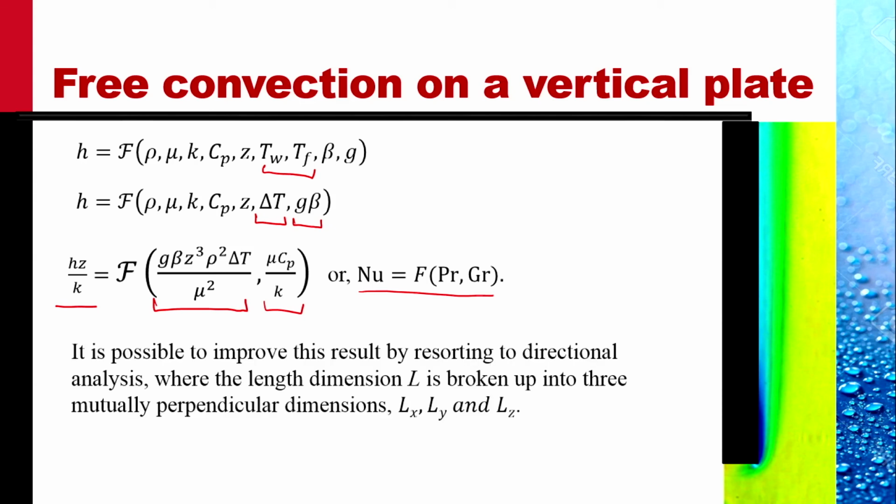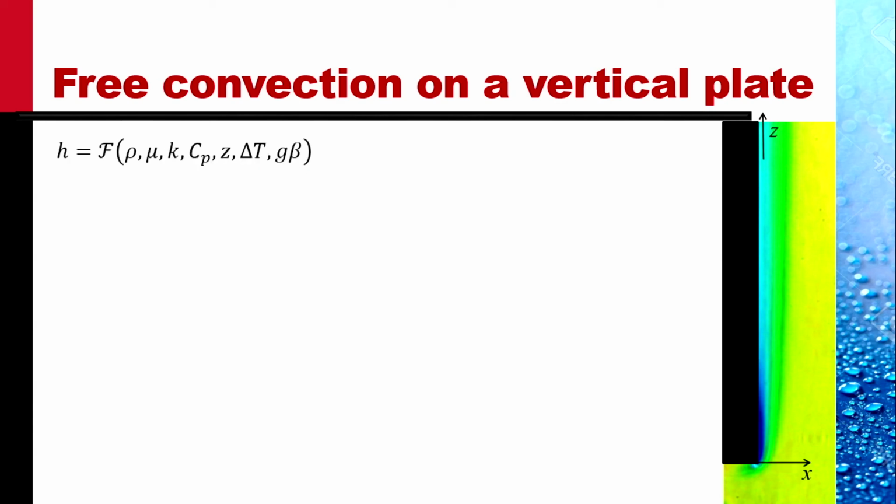It is possible to improve this result when the length dimension L is broken up into 3 mutually perpendicular dimensions Lx, Ly, and Lz. So the problem with the reduced number of parameters, that is, on using delta T and G beta together.